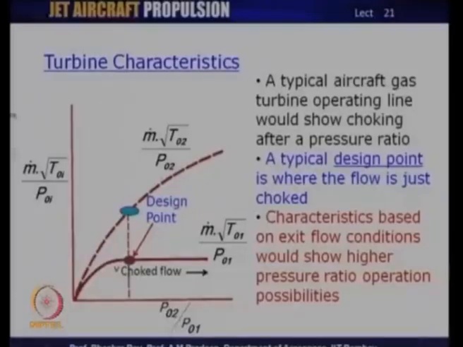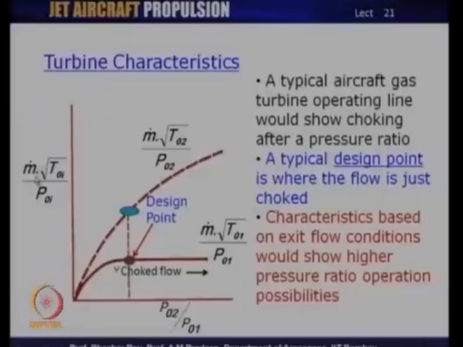So, in the case of turbine, the two axes are essentially switched around. Also notice that we are using a normalized mass flow parameter. We are not using the mass flow directly; we are using a mass flow parameter normalized by the temperature and pressure at the operating point of the turbine, or at the entry to the turbine.